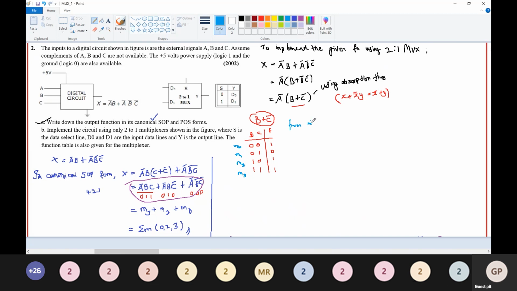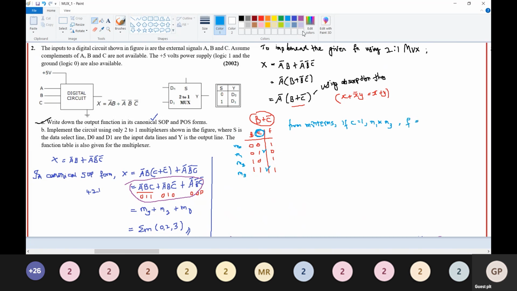From min terms m1 and m3, here we are looking with respect to C. If C is equal to 1, for min terms m1 and m3, what is the function F?